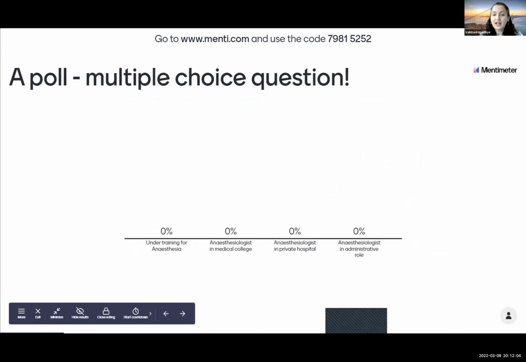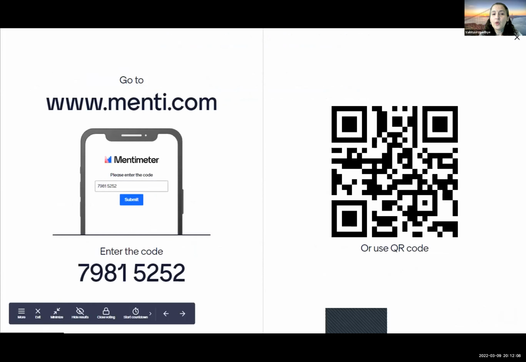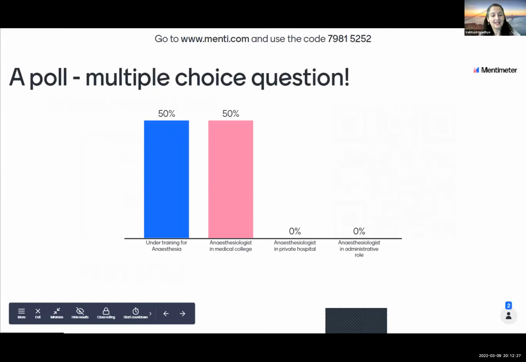To do this, I kindly request all of you to use this QR code or go to www.menti.com. You can toggle your window through Google, minimize Zoom, or use another phone for that. I'm going to give you 1 minute for this, with a countdown.